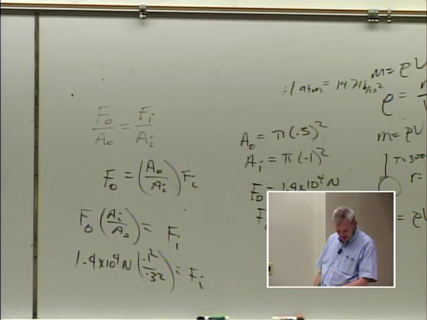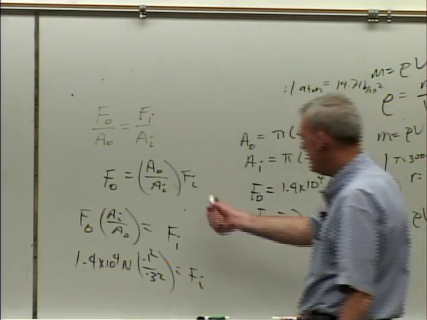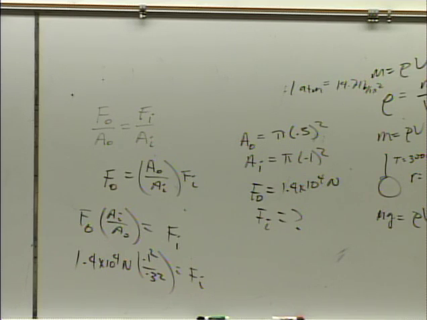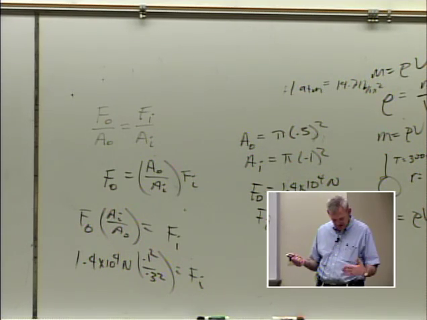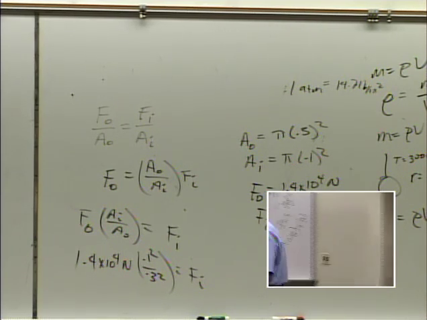Then with W equals Fx, in other words force input times distance input equals force output times distance output, Fo xo equals Fi xi.